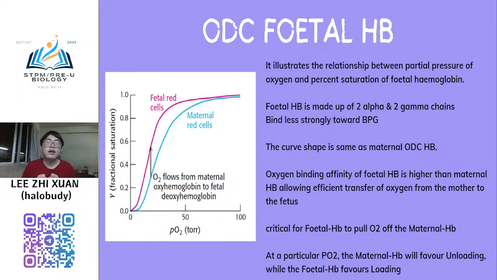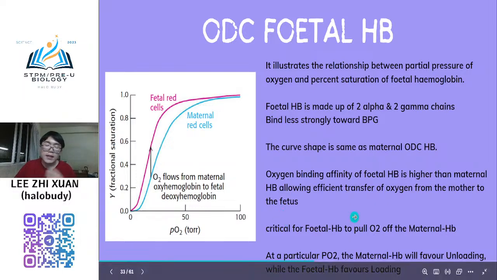But for now the curve is different, meaning that the fetus will get the oxygen more easily from the mother's part compared to if the curve were the same as the mother's.